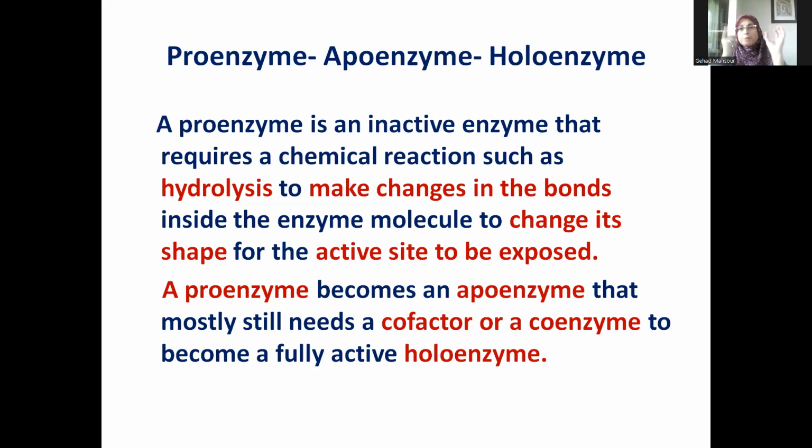So an apoenzyme is a proenzyme that has been hydrolyzed to expose the active site. When we get the apoenzyme, it still needs to be combined with a cofactor to be converted into a holoenzyme. So the holoenzyme is the most active form of pepsin.